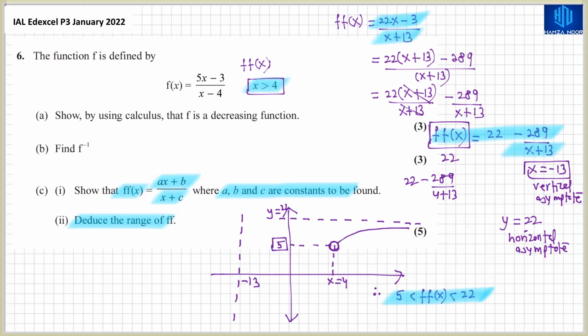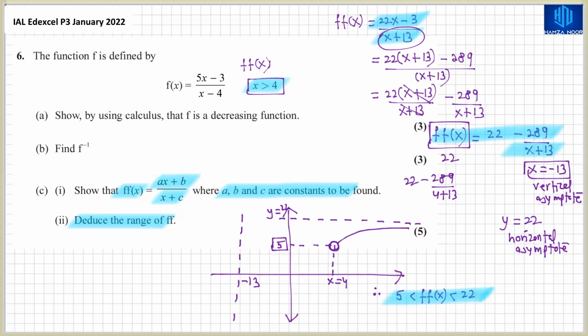As you already know, the domain of the composed function f of f(x) is that x is greater than 4, and x equals minus 13 would be a vertical asymptote because it makes the denominator of this function equal to 0.